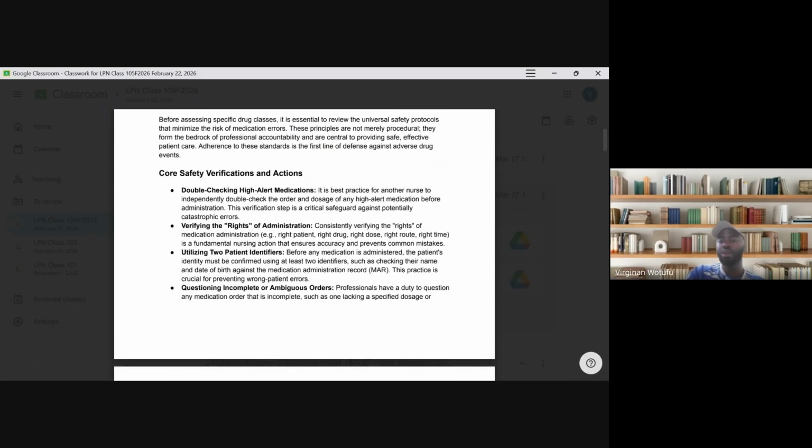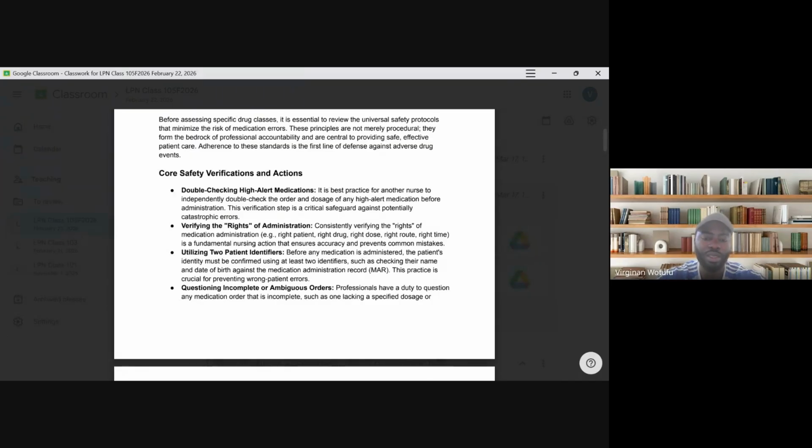And as we said again, if there's an order you don't understand, you have the right to question. If there's a route of medication you don't understand, for example if a medication order states you administer potassium IV push, what do you do? You stop, because it's universal nursing knowledge that you're never supposed to give potassium by IV push.